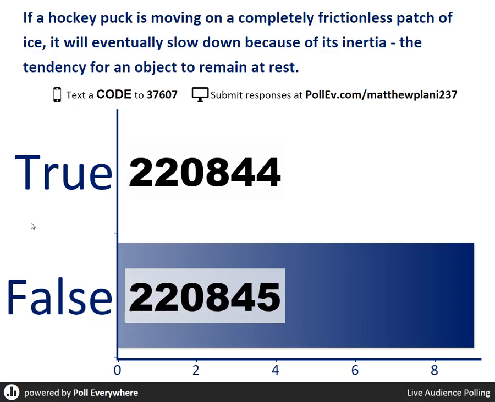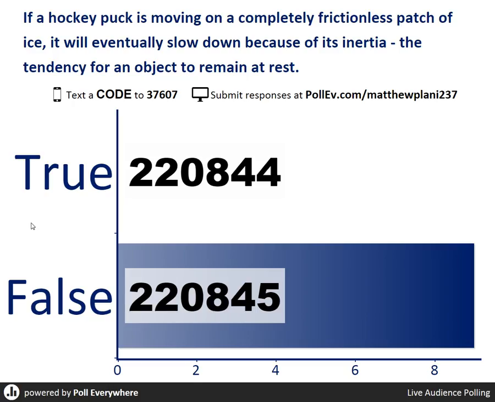It's an object at rest, but it's also an object in motion. Inertia doesn't say that objects will come to rest. Inertia says that objects will continue doing whatever they are currently doing. So if it's completely frictionless and the hockey puck is already moving, it will continue to move. Good there.